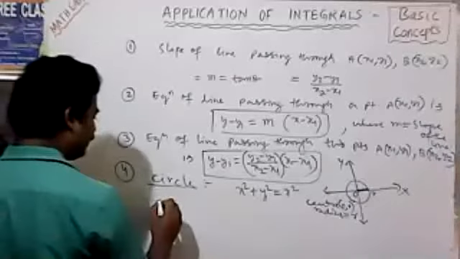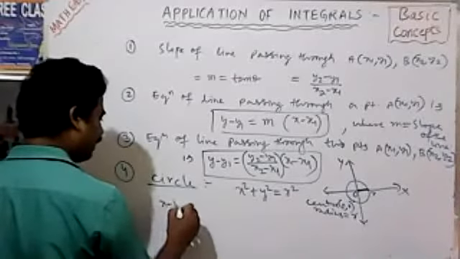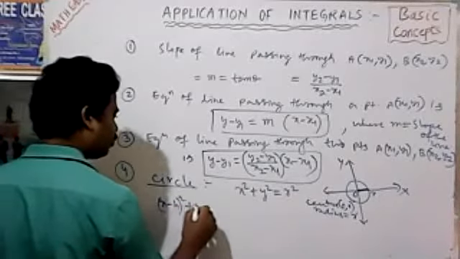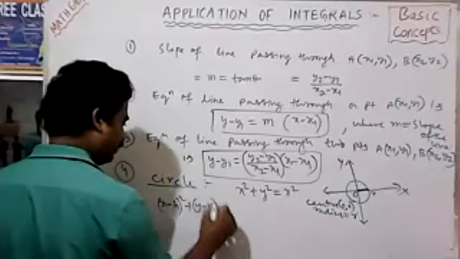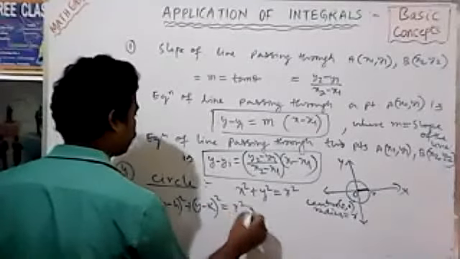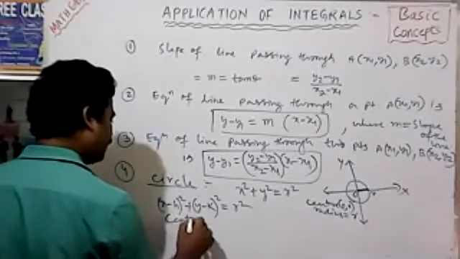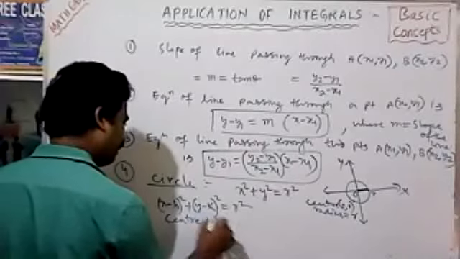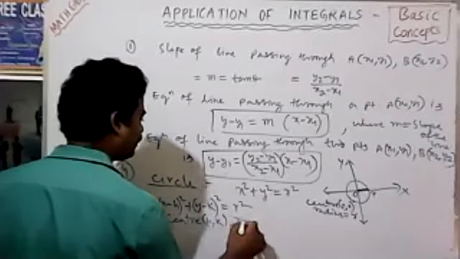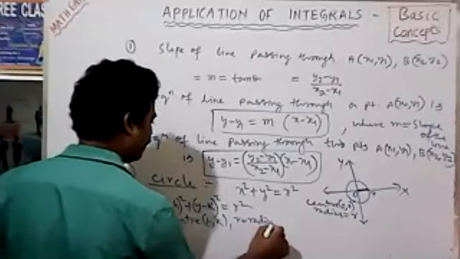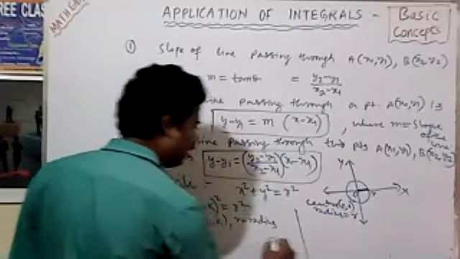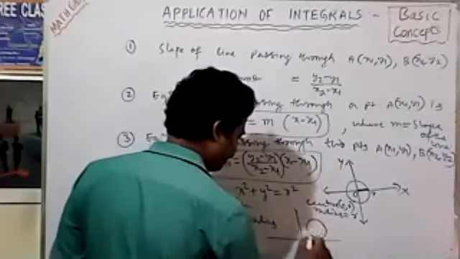But if the equation is (x minus h) whole square plus (y minus k) whole square is equal to r square, that means the center is at (h, k) and r is the radius. That means the diagram looks like this.